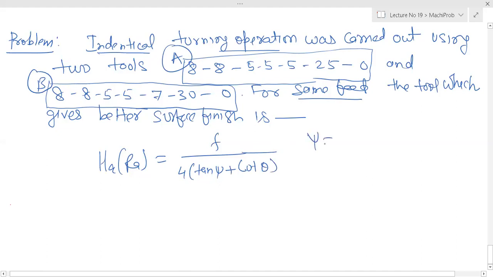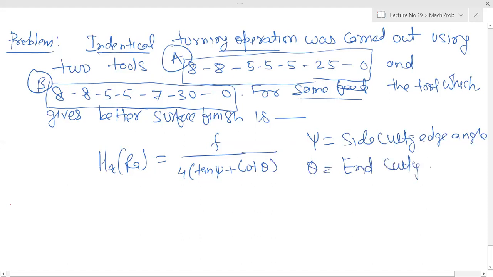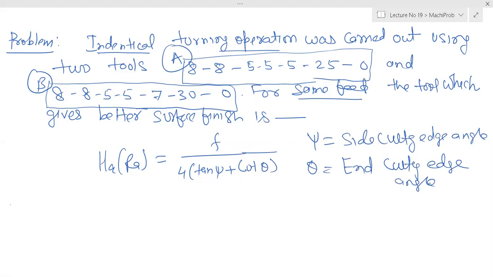Again I am telling you, psi is your side cutting edge angle, and theta is your end cutting edge angle. Please solve this question and let me know. Then we'll discuss other concepts.